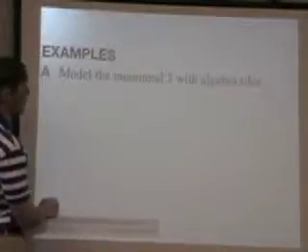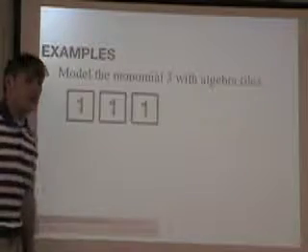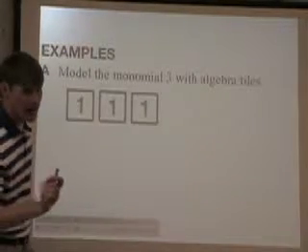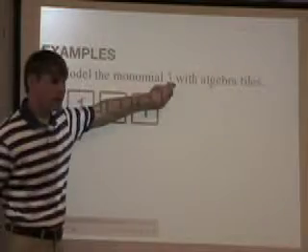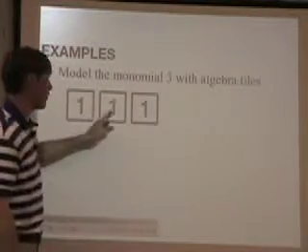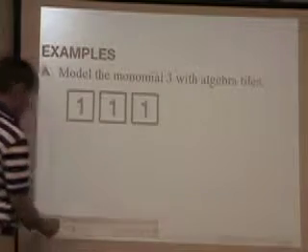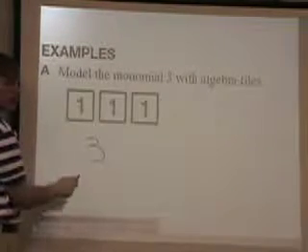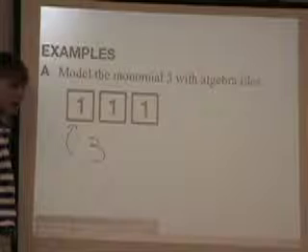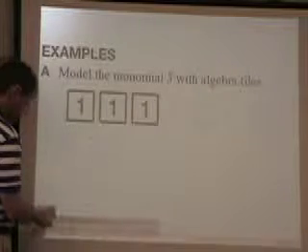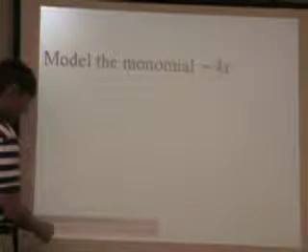Now, they want us to make, out of algebra tiles, the number 3. Well, they just took positive 1, positive 1, positive 1, and when you add them all up, what do you get? 3. So the way you represent the number 3 with your tiles is right there. They want us to do negative 4x.